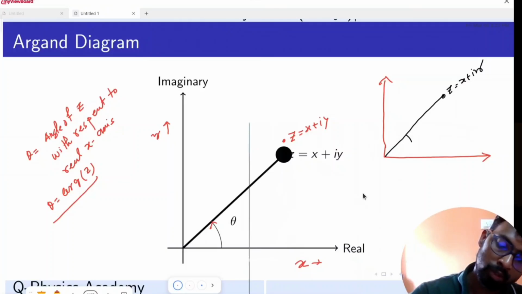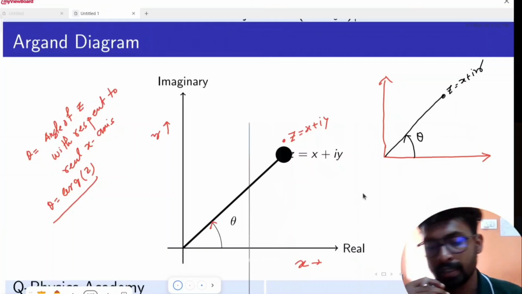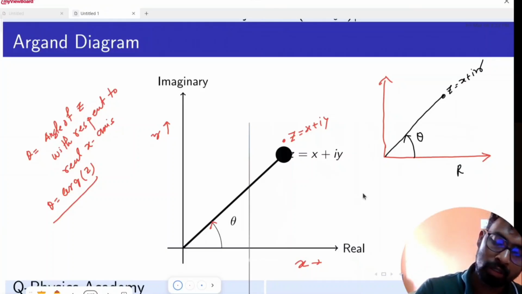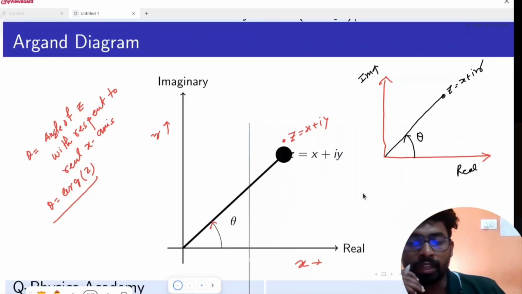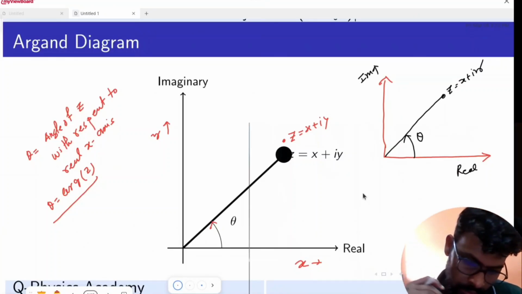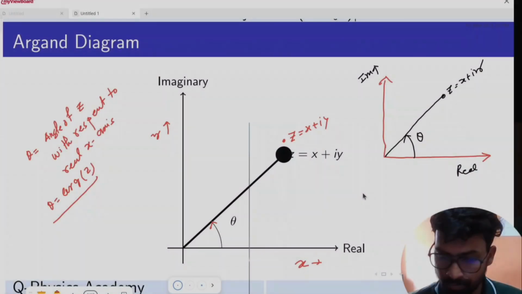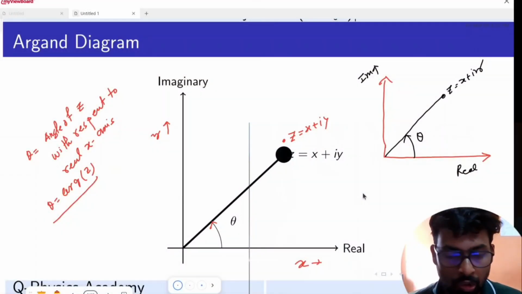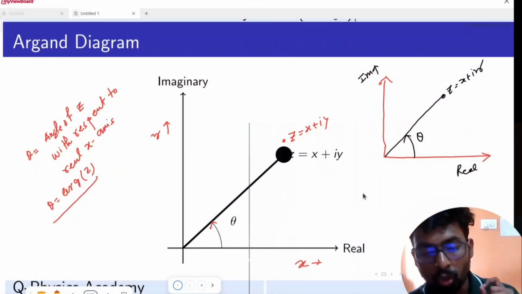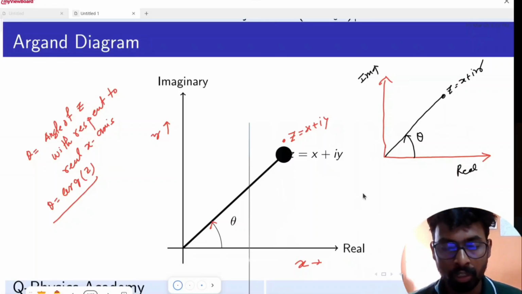This complex number makes an angle theta with respect to the real x axis, this is the real axis and this is the imaginary axis. But what is the actual argument of any complex number? We have to understand this part.